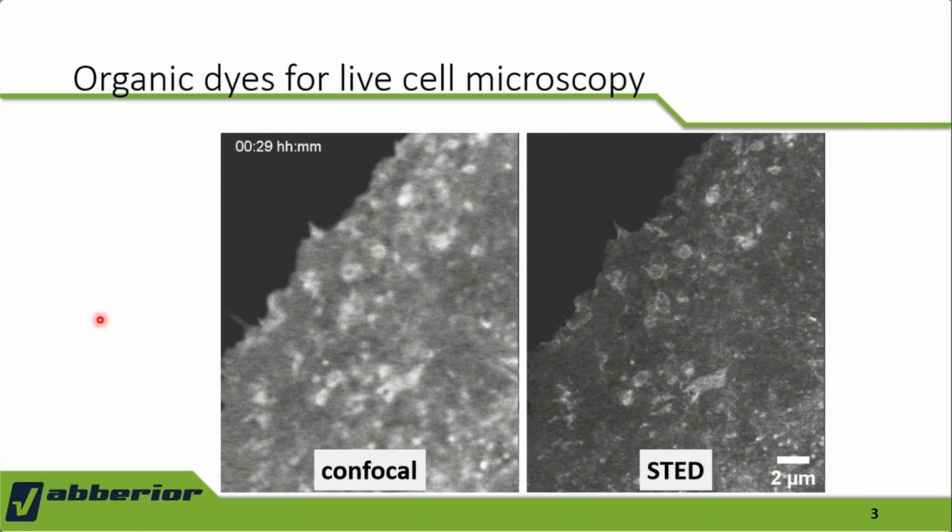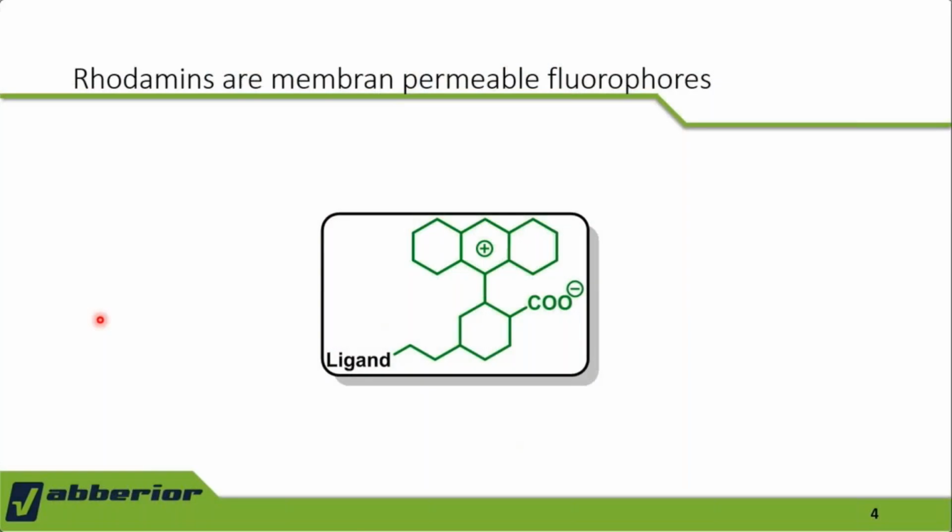But what kind of organic dyes can we use? It turns out that in the last years, rhodamines have been among the best suited fluorophores for those experiments. Here is a very schematic drawing of a rhodamine.